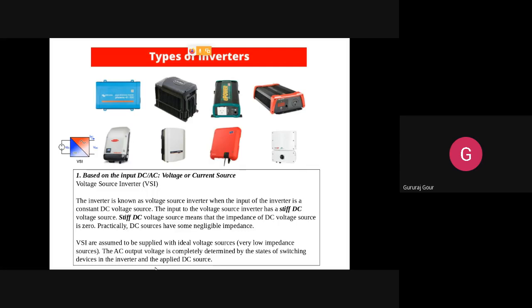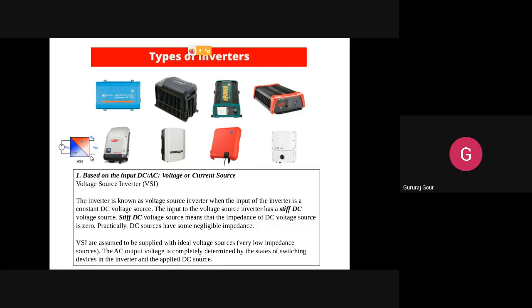So VSIs are assumed to be supplied with ideal voltage sources, means very low impedance, and the AC output voltage is completely decided by the states of the switching devices in the inverter and the applied DC source.